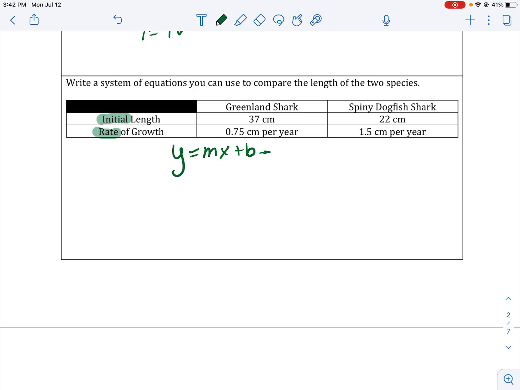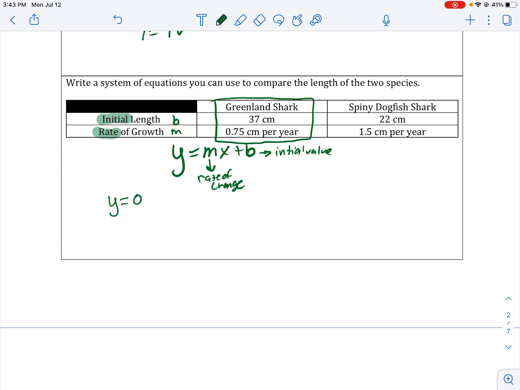B was our initial value, and m is our slope or our rate of change. So this top row here is going to be our initial value, bottom row, our slope, our rate of change.